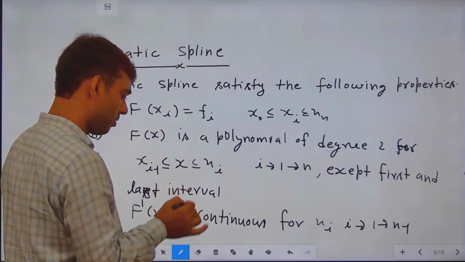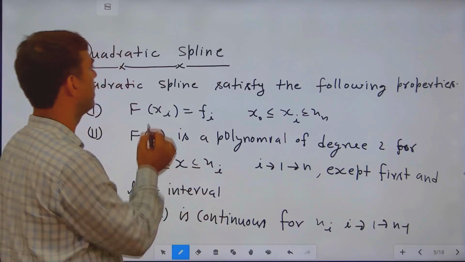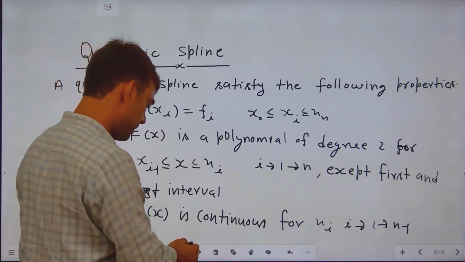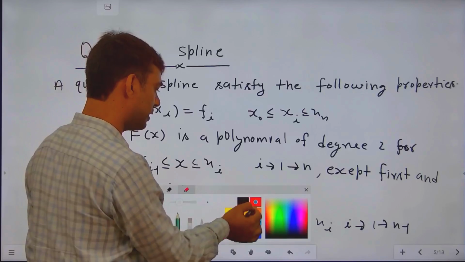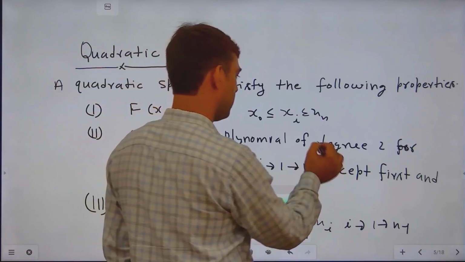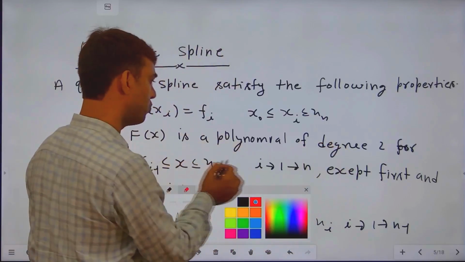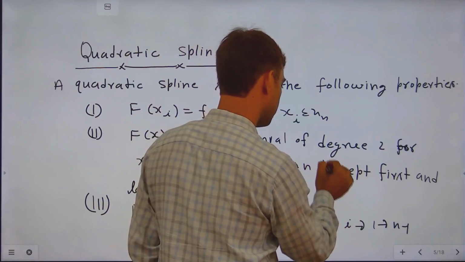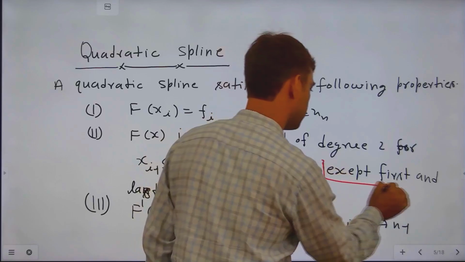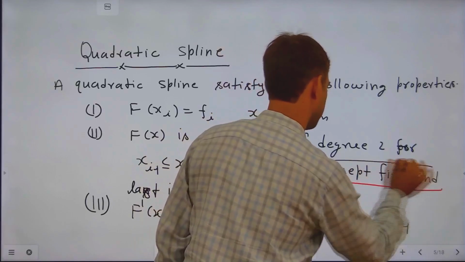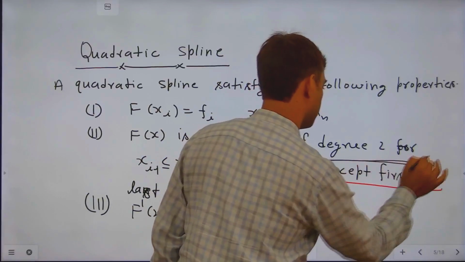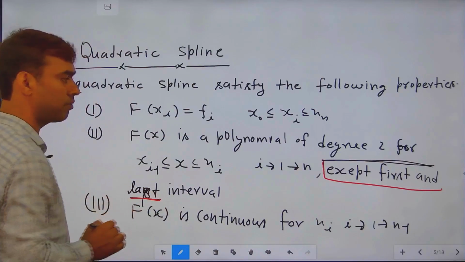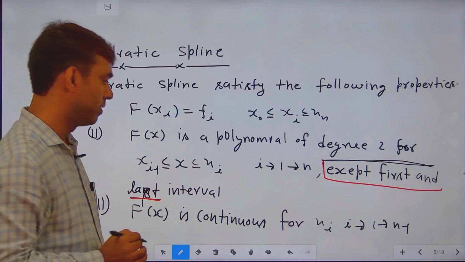So here there is one limitation of a quadratic spline. That limitation is a polynomial of degree 2 except the first and last interval. What is the meaning of this?